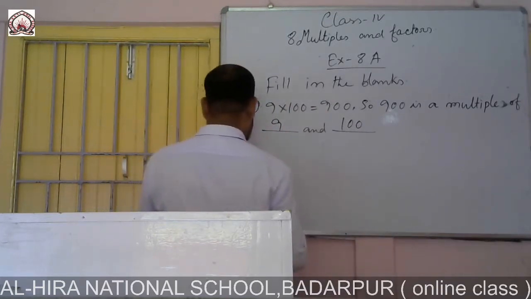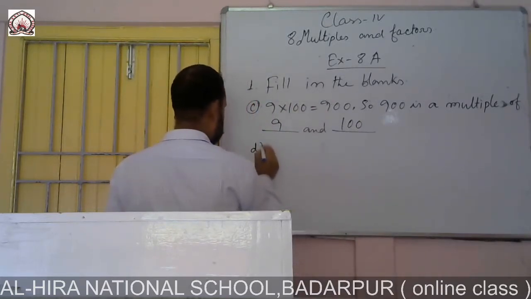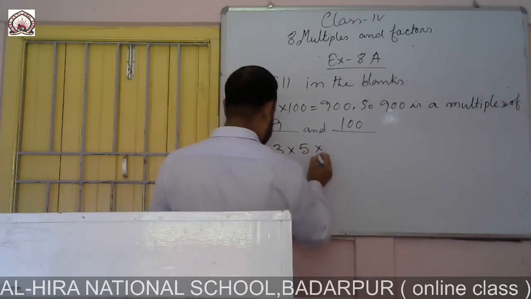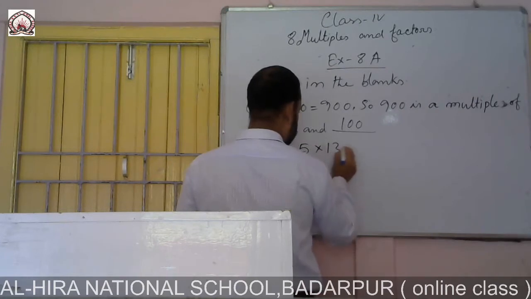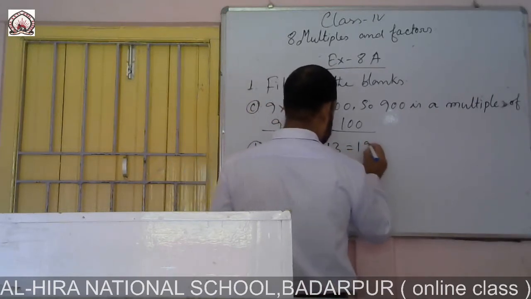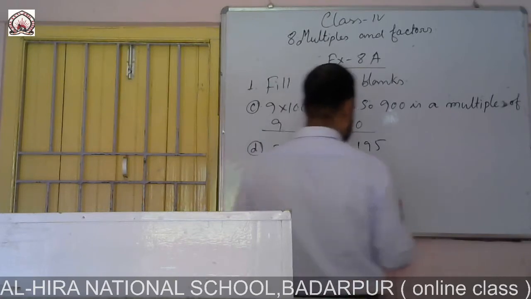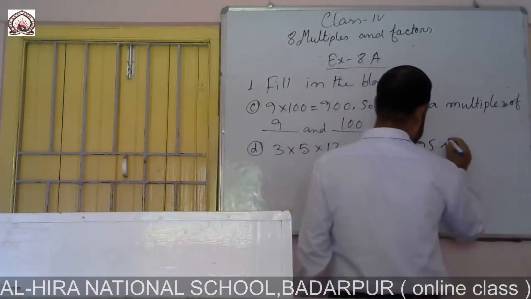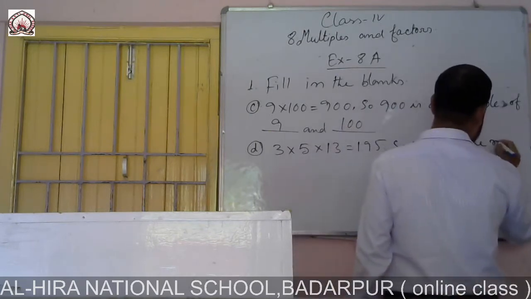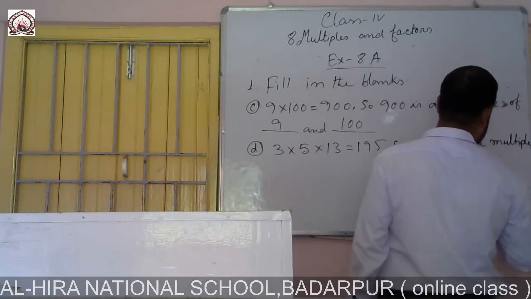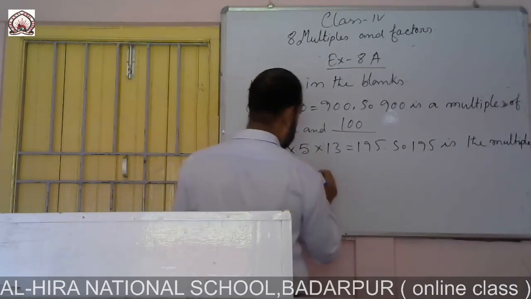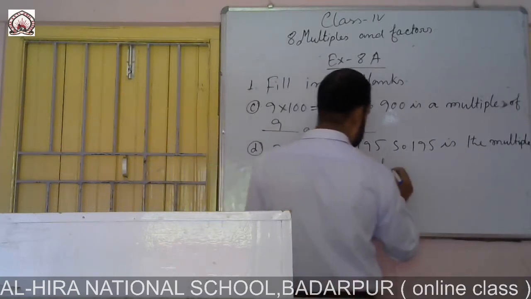Question number next, D, 3 into 5 into 13 equal to 195. So 195 is the multiple of dash, dash and dash.